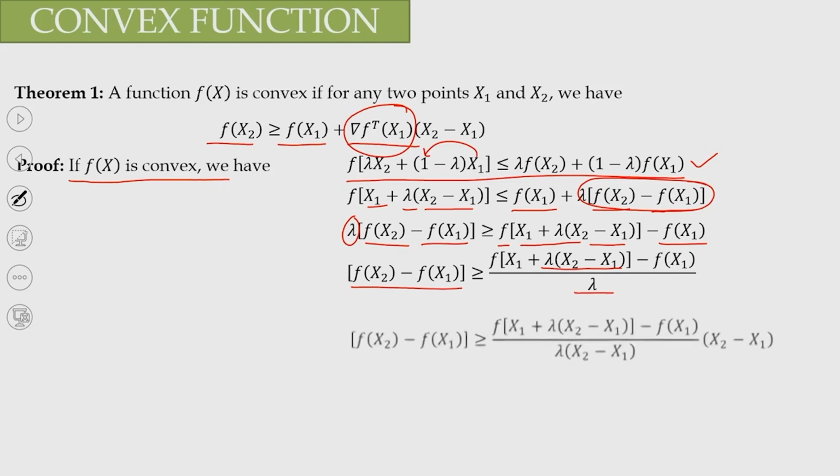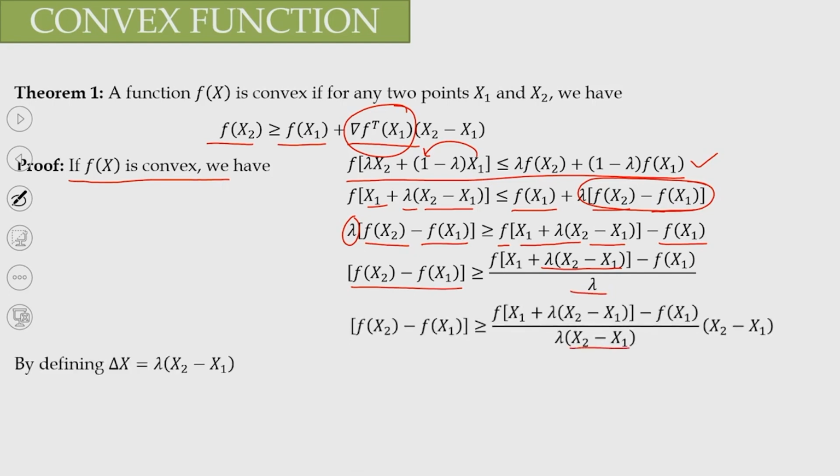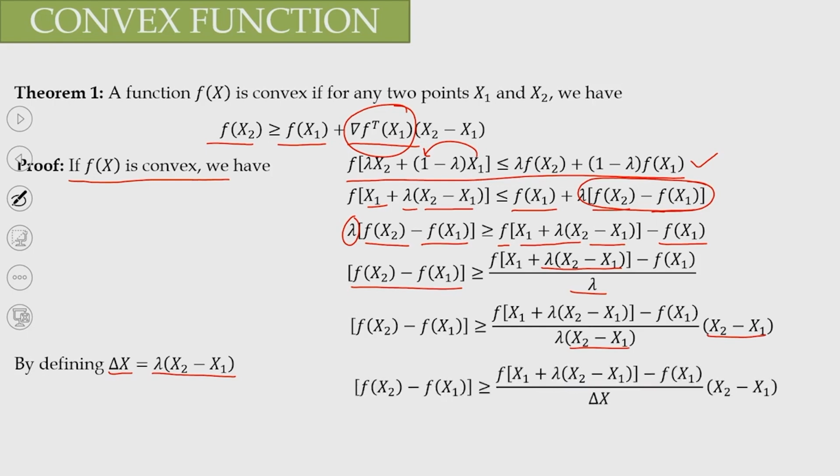Now, if I multiply by x2 minus x1 on both sides, then by definition del x is equal to lambda times (x2 minus x1). So I can write this as del x.